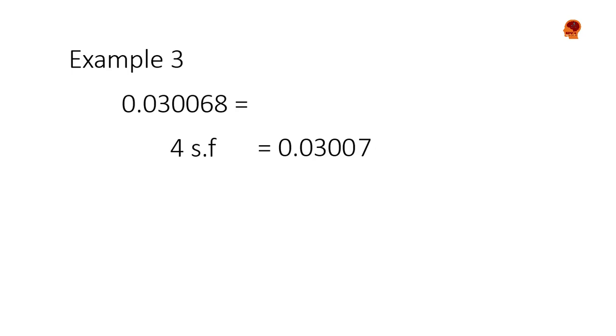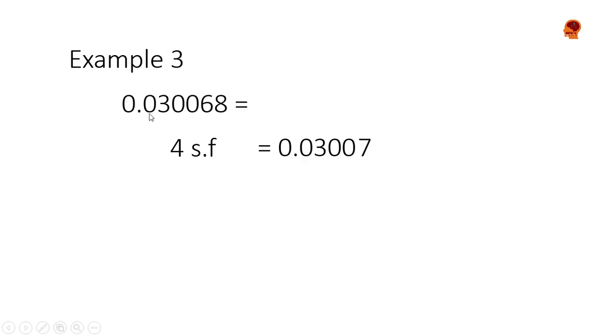Now why do I have 7? Why not 6? Because if you look at the last number, this 8, the 8 is a round up number. We turn it to 0 and add 1 to the next number, which is what? 7. Remember the question says we should correct this number into 4 significant figures, and here we have 4 significant figures. Now why do we have 5 digits but 4 significant figures?